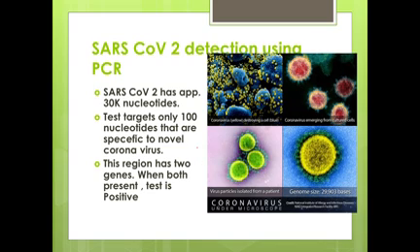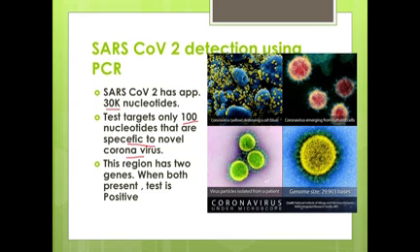But once we amplify the genome of this virus using reverse transcriptase, we do not compare the entire 30,000 nucleotides, but actually only a 100 nucleotide long stretch of its genome is compared, because it is specific for this very virus alone.